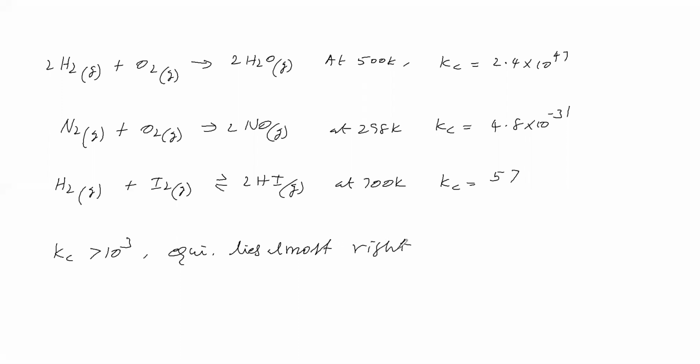When the equilibrium constant is less than 10 power minus 3, equilibrium lies almost left. When the equilibrium constant lies in the range of 10 power minus 3 to 10 power plus 3, equilibrium contains comparable concentrations of left side and right side.